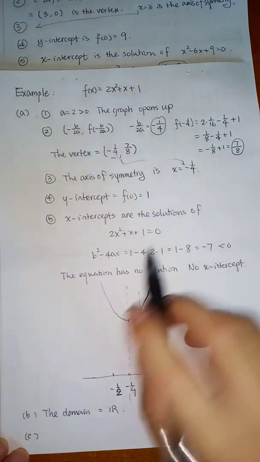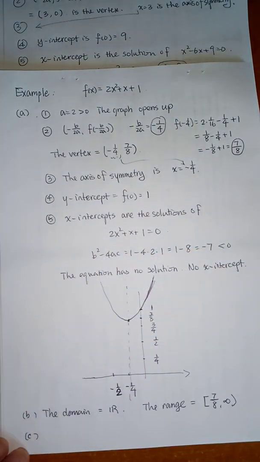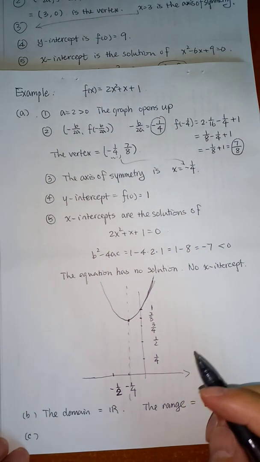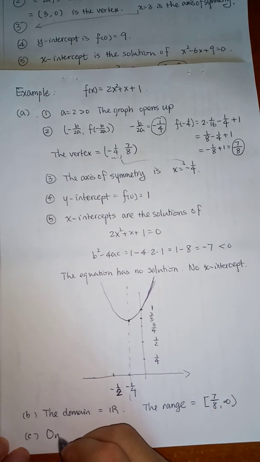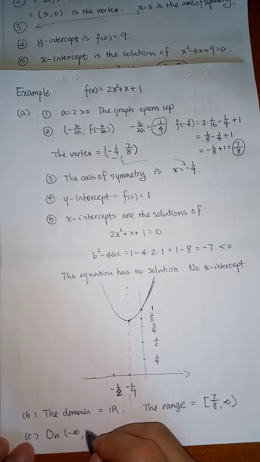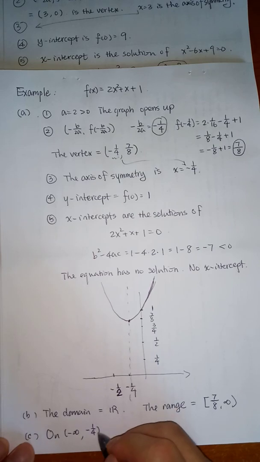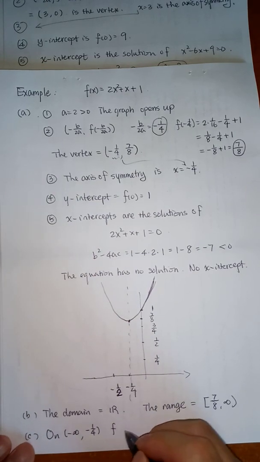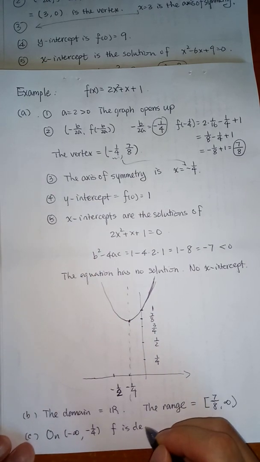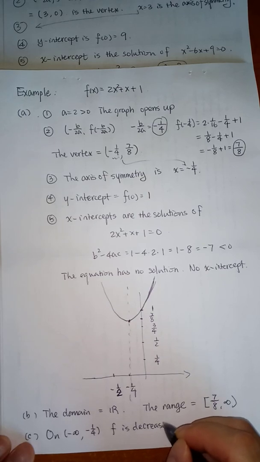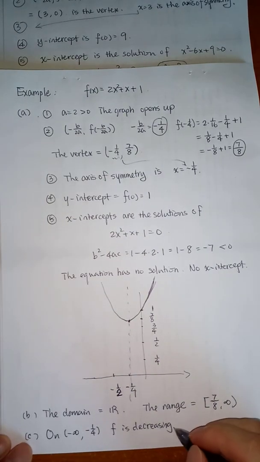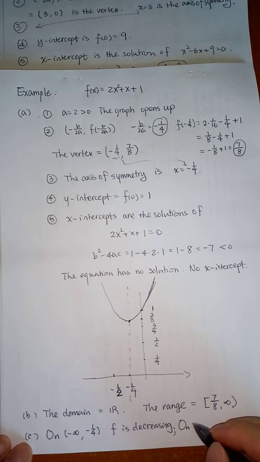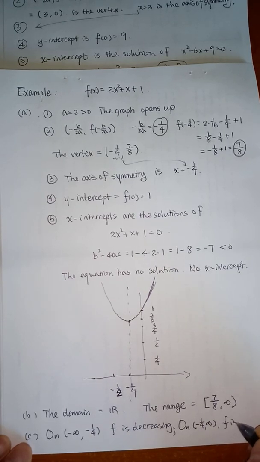The axis of symmetry splits the graph into left and right pieces. So on negative infinity to -1/4, f is decreasing. On -1/4 to infinity, f is increasing.